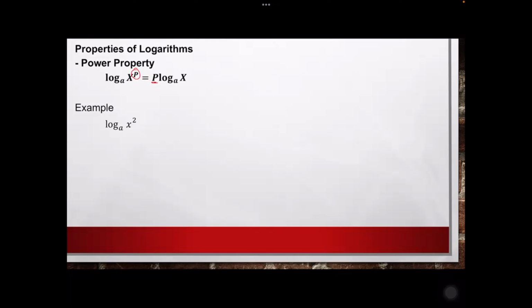So, example, we have logarithm of x squared with base a. So, this will be equal to 2 logarithm of x with base of a. So, ganyan siya susulatin. Ibinaba natin yung exponent na 2.